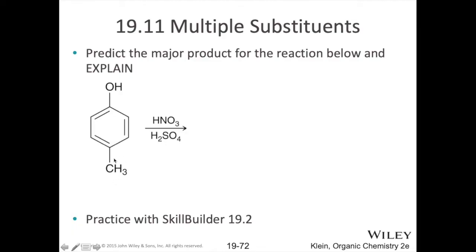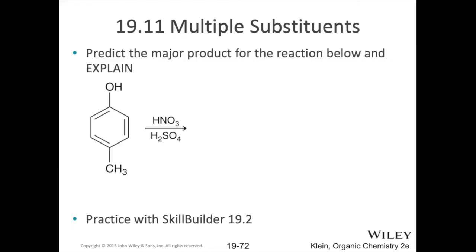For the alkyl group, which is also activating, that nitro group would want to show up at the ortho position to that, but that position is meta to the alcohol group. Likewise, the ortho position to the alcohol group is meta from the alkyl group's perspective, right? So which one takes priority?